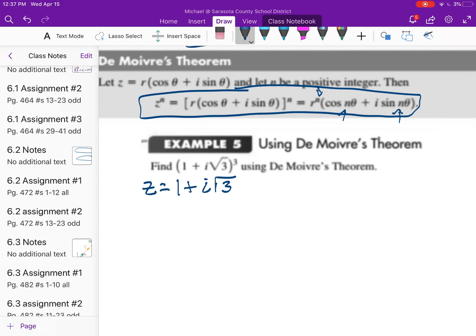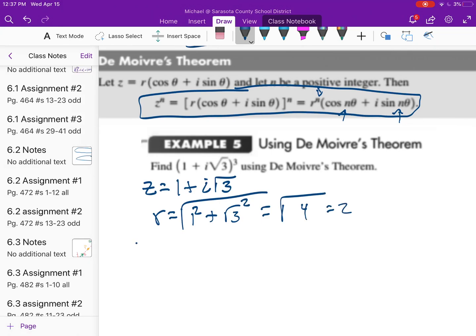If that's our standard form, we need to find out what that polar form is going to be. First and foremost, we have to find the modulus of the complex number. So r is going to be the square root of 1 squared plus the square root of 3 squared. So you get the square root of 4, so it will equal 2.